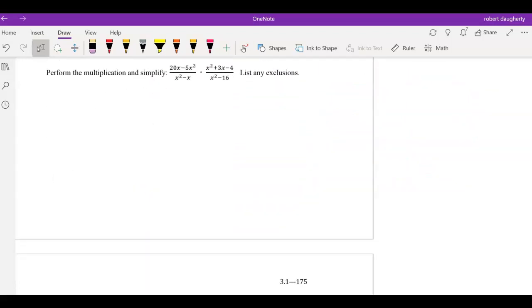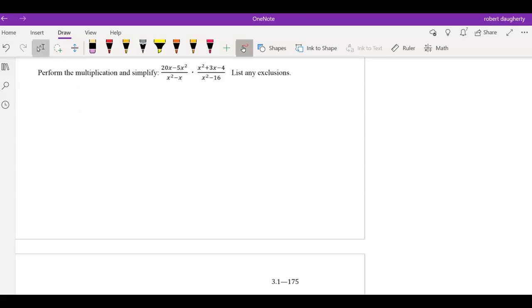Perform the multiplication and simplify. List any exclusions. So again, the key to all of these problems is: are you remembering all of your factoring rules? Okay, so look at the very first one here. It looks like in the first numerator I can factor out a 5x. So I'm going to have 5x, and then I'm left with 4 minus x.